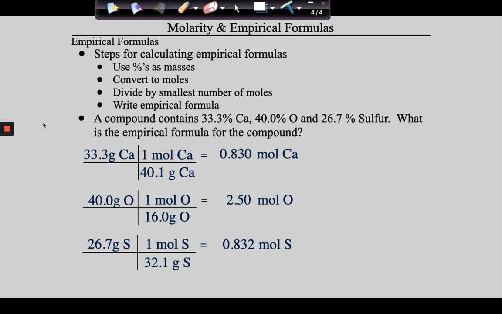So guys, we just did step two. We converted to moles. Yeah, good question. Let me turn off this so I can touch my board. Without it, sometimes the decimal place looks like a smudge.